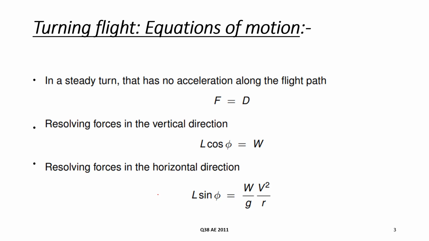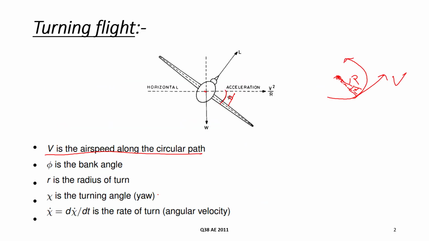To find the equations of motion, if there is no acceleration along the flight path, then thrust F will equal drag D. This is the aircraft, this is the thrust force, and this is the drag.